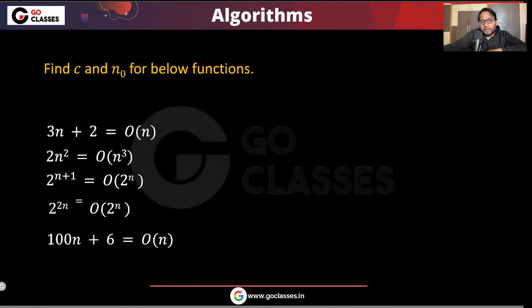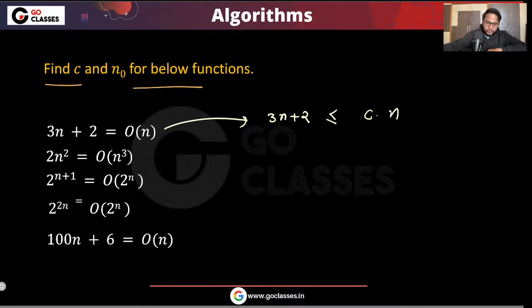Can you tell me the value of c and n naught for the below functions? So for what value of c and for what value of n naught, right? You can say that this 3n plus 2 is less than or equal to c into n. For what value of c and for what value of n naught you can say this? Can you tell me?